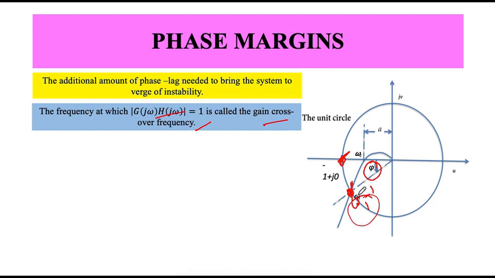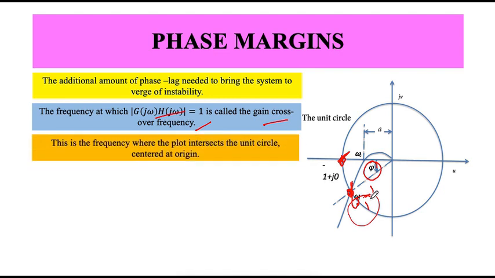Okay. So at what frequency is the phase angle, if I just measure it, minus 180 or plus 180? Let's say an additional phase angle phi is introduced in the system, right?